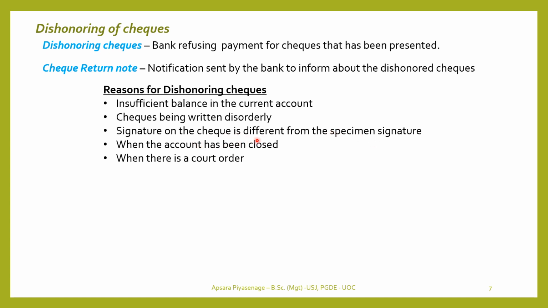The bank compares the signature on the check and the specimen signature that you have given to the bank. If both are the same, the check will not be dishonored. They will pay for the check. If the signature on the check and the specimen signature are different, the bank will not pay for such checks.